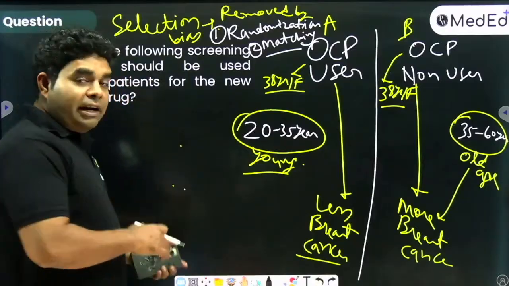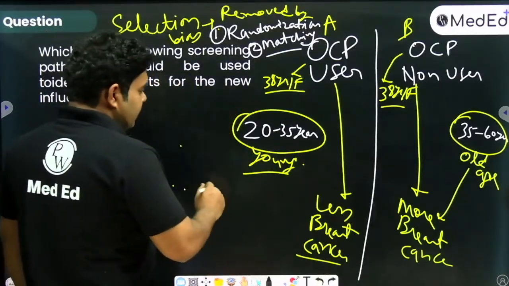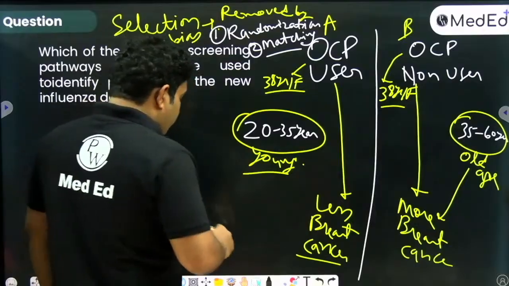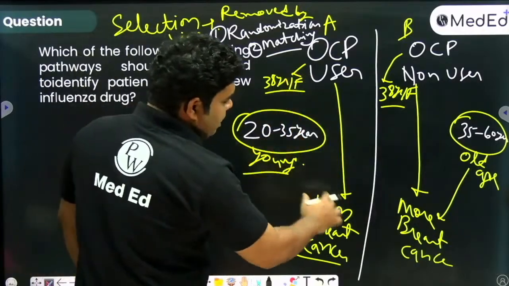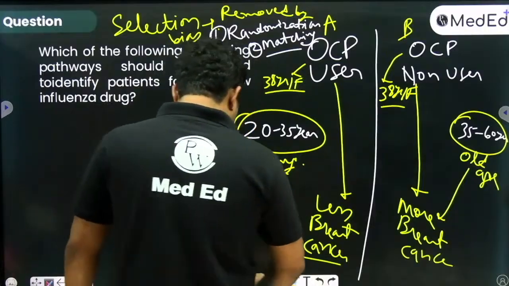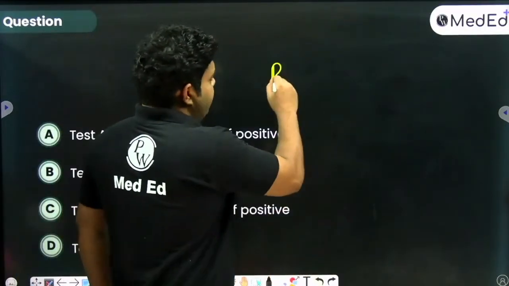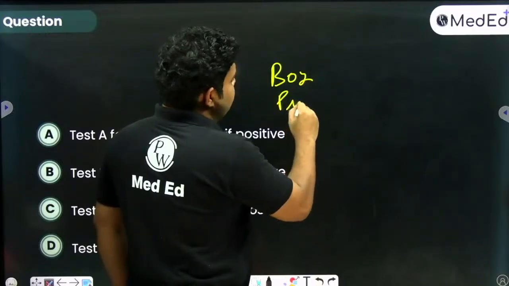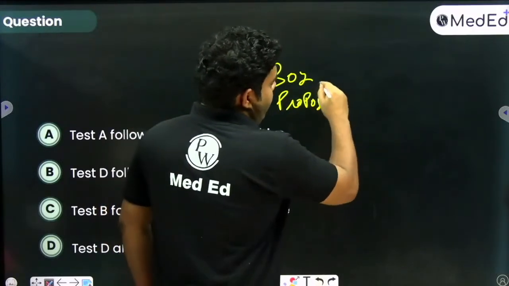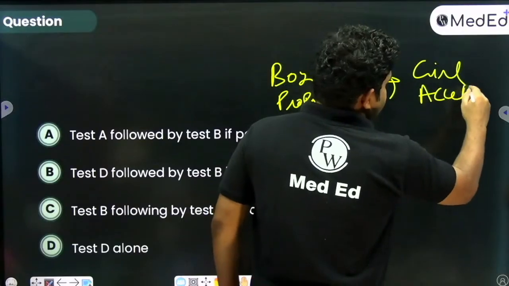Now what is a confounder? देखो, a confounder is something which is related to exposure and outcome both. And in this story, जैसे एक एग्जांपल से मैं आपको समझाता हूं कन्फाउंडर क्या होता है. जैसे मान लो, suppose a boy proposed and suppose the girl accepted.